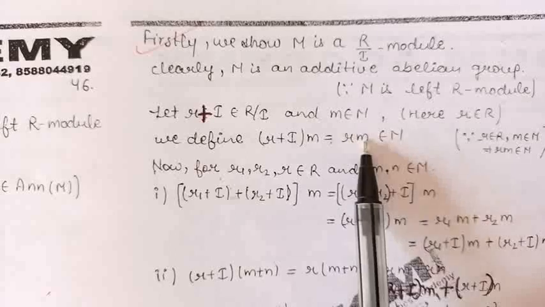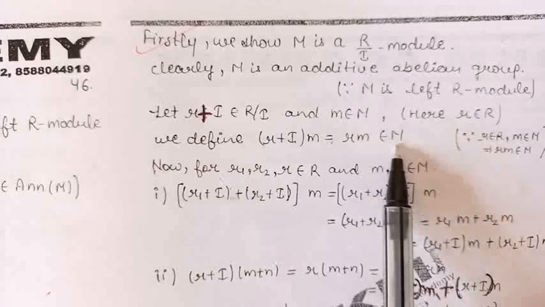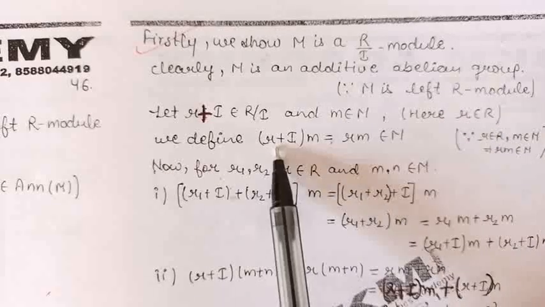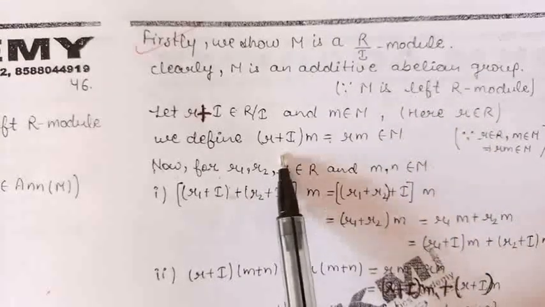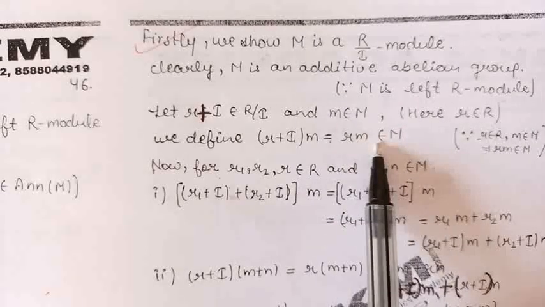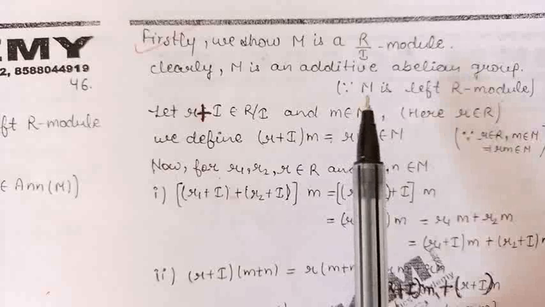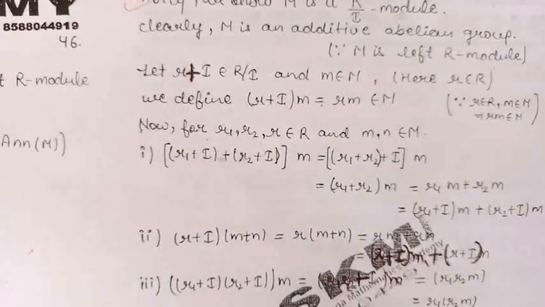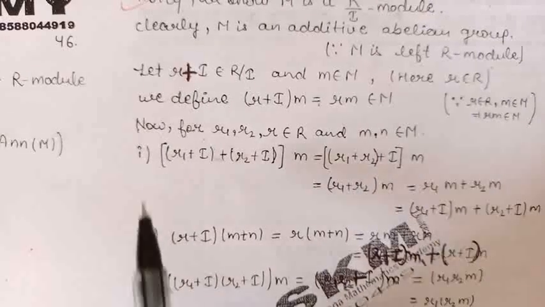So r into m belongs to the module M. So we have defined the scalar multiplication in this way: (r plus I) into m is equal to rm. Now we are to prove that under this definition of scalar multiplication, the four conditions are satisfied, which we prove in modules.